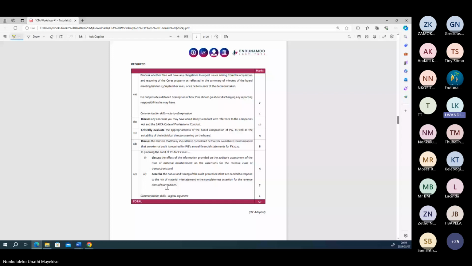Most of the time, some of the companies issue them after 3 months. They need some time to actually prepare. Then can't we do interim work on certain components, for example, since they are talking about revenue, can't we do some sort of a selection in the meantime for a portion of revenue? Then once we receive the full financials, after that's when we can continue with the audit, the rest of the information.